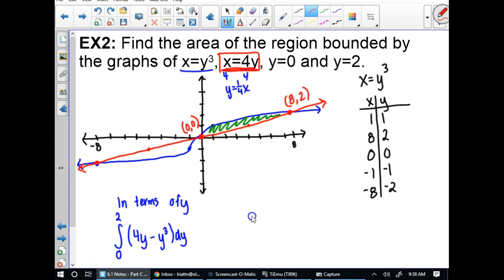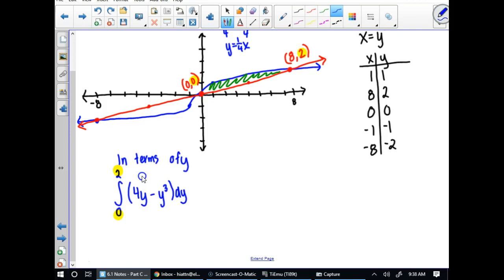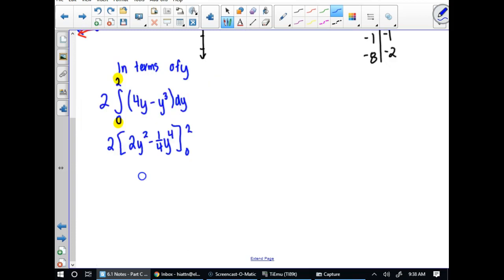So if we're doing the problem in terms of y, then we have to use those y coordinates as our limits of integration. And so if we do this problem, we're going to have a 2 out front because we've got to double it. So we'll have 2y squared minus 1/4 y to the 4th, and we'll evaluate that from 0 to 2. That's going to be 2 times 2 squared minus 1/4 times 2 to the 4th, minus 0 there.